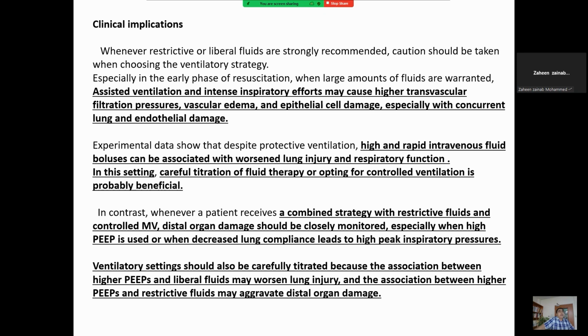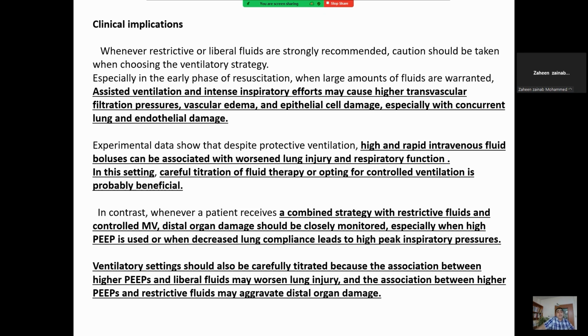So, clinical implications. Whenever restrictive or liberal fluid is strongly recommended, caution should be taken when choosing the ventilatory strategy, especially in the early phase of resuscitation, when large amounts of fluid are warranted. Assisted ventilation and intense inspiratory effort may cause higher transvascular filtration pressure, vascular edema, and epithelial cell damage, especially with concurrent lung and endothelial damage.